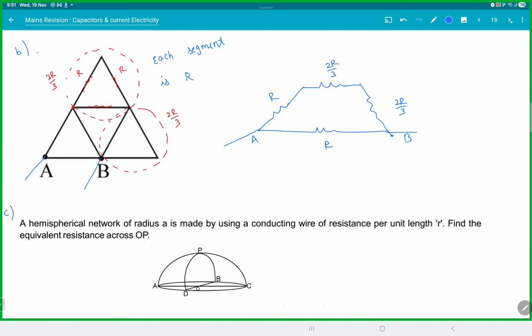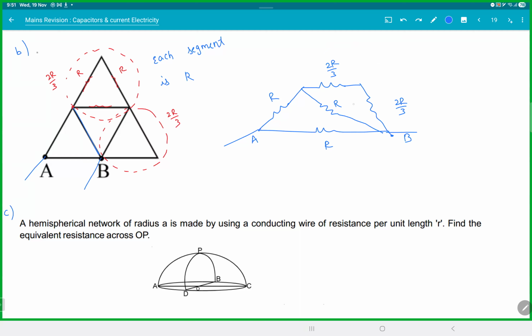No, there is one more resistor here. There is one between these two also, right? This one. Still you can solve, right? These two are in series and these are in parallel. Now it will be done. So how much will that be?